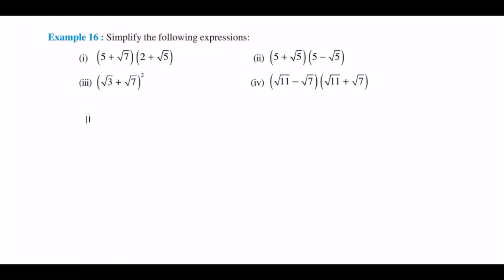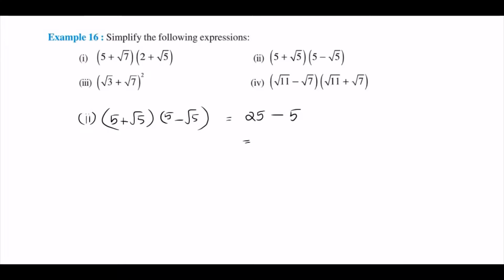Now the second question is 5 plus root 5 into 5 minus root 5. So it is a square minus b square. So you will get 5 square is 25 minus b square, that is root 5 into root 5. Root 5 into root 5 is 5.